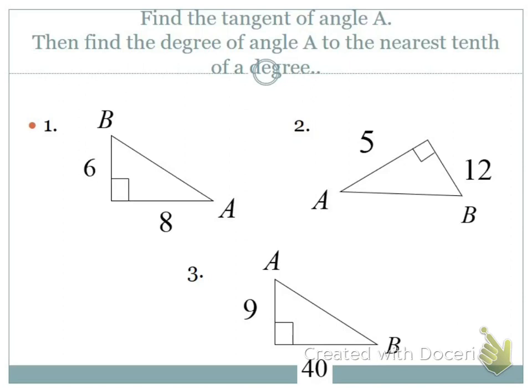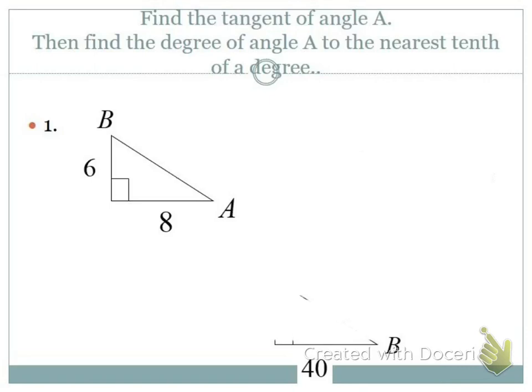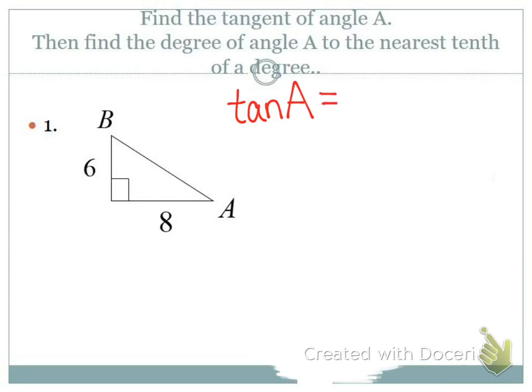Okay, we're going to start with number 1. I'm going to cover up number 2 and 3 for just a minute so I've got some room to show my work. I'll bring them back in a minute if you didn't get those down yet. The first thing we are asked to do is find the tangent of angle A. So tan capital A is how we would label that. Tangent is opposite over adjacent.